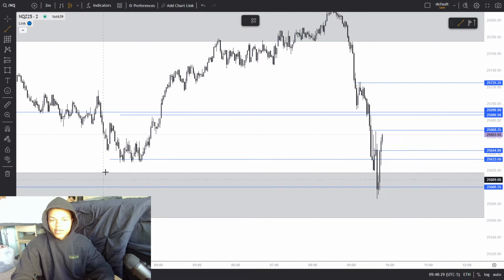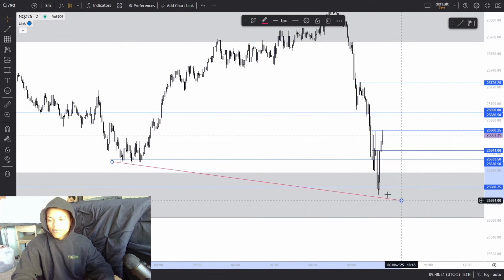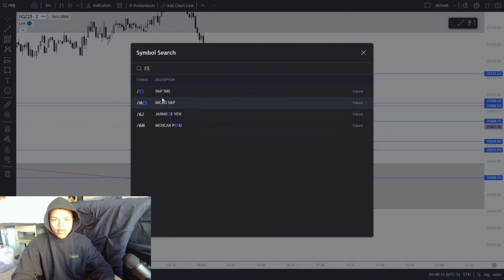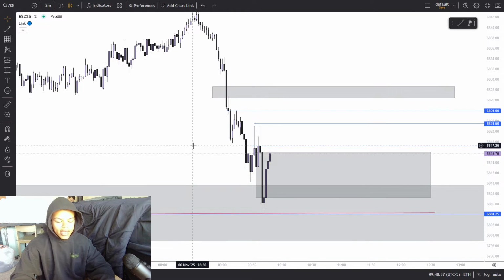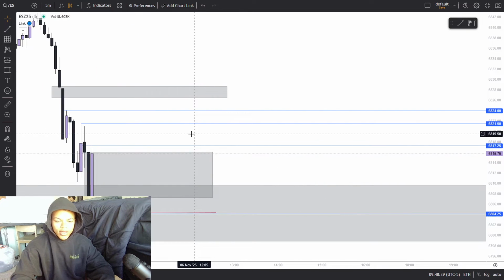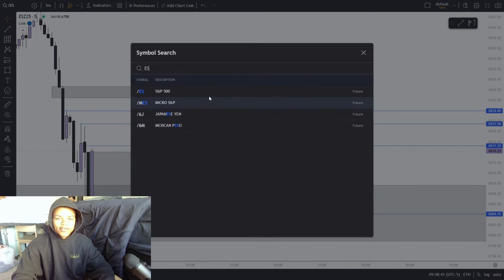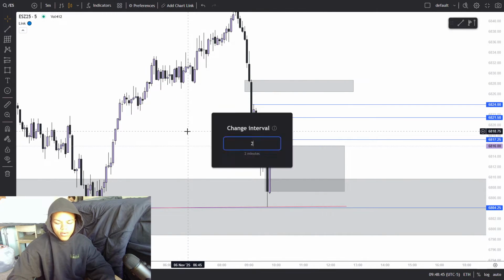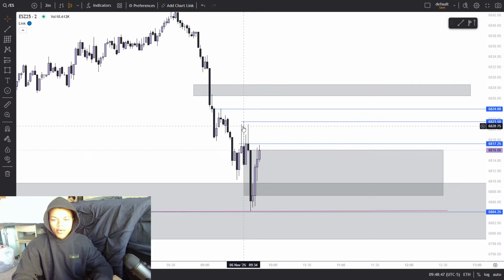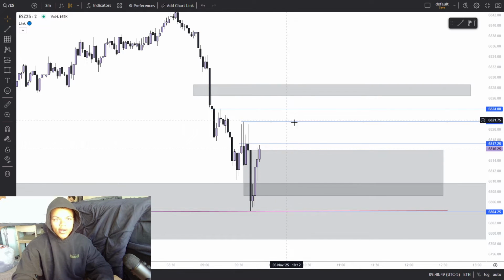We do have an SMT, and I may favor NQ. NQ's low-key lagging right now, or ES is lagging. We do have this 5-minute order block here, so I want to see us also displace here on ES as well.